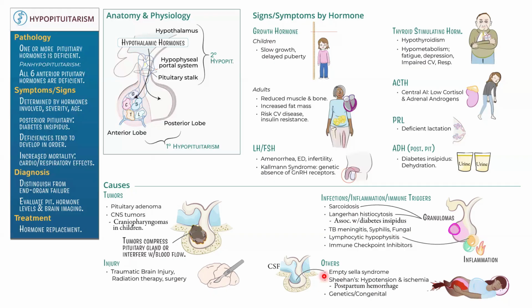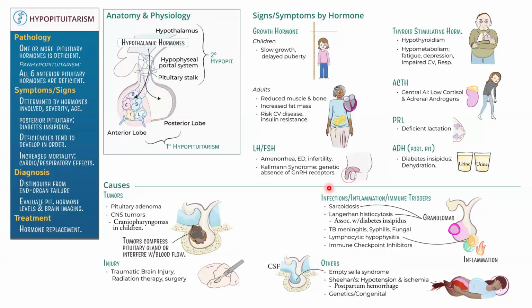In this postpartum hemorrhage, there is a lot of blood loss that leads to hypotension and ischemia, and that leads to the pituitary gland being affected. So now we've seen the causes of hypopituitarism: tumors, injury, infections, and things like empty sella syndrome and Sheehan's syndrome.